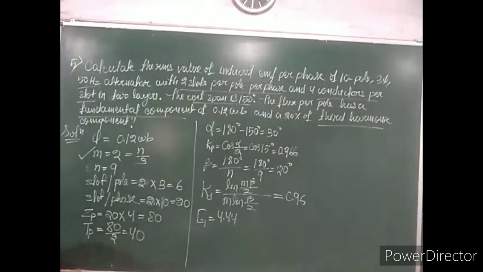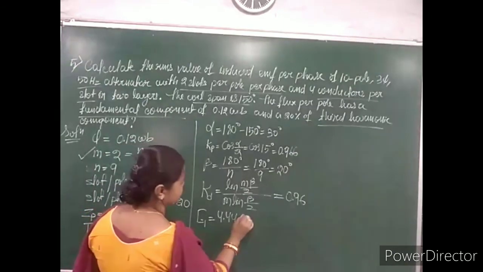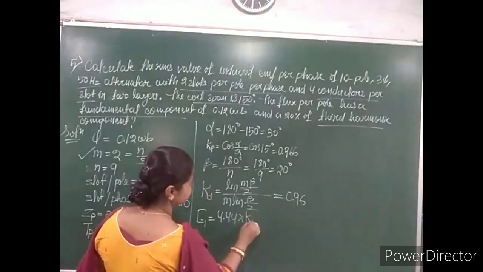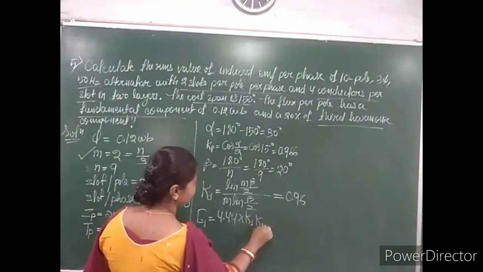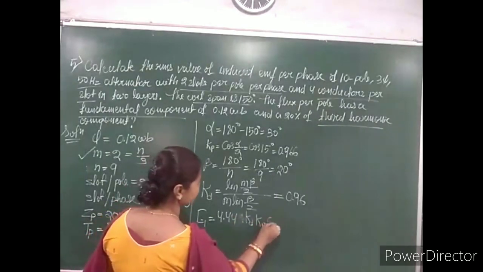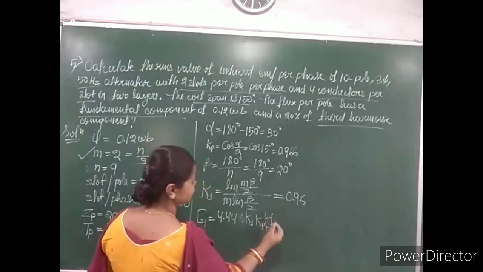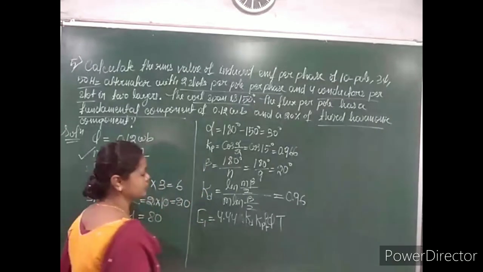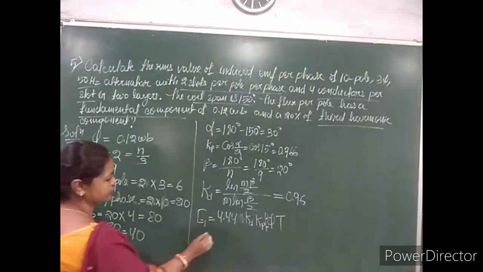No need to calculate the frequency here. EMF is 4.44 into winding factor, that is distribution factor into pitch factor, into frequency into flux into turns per phase.